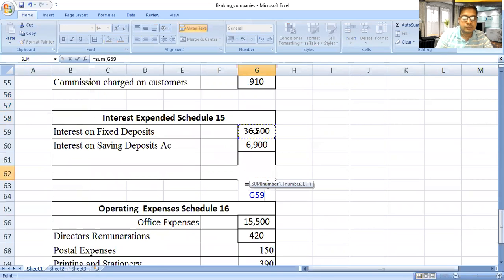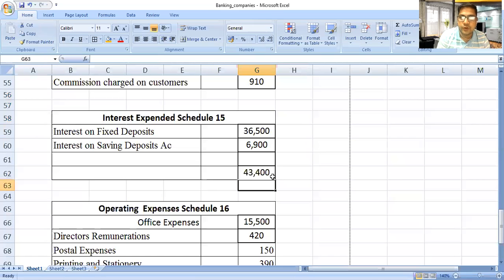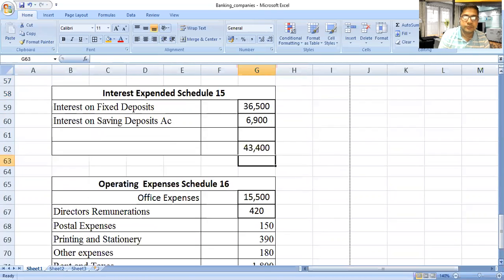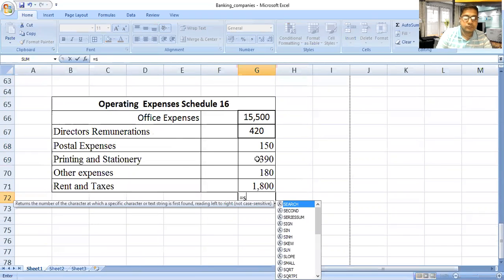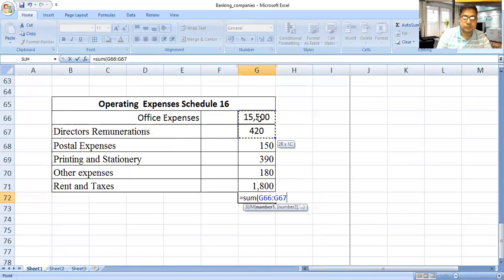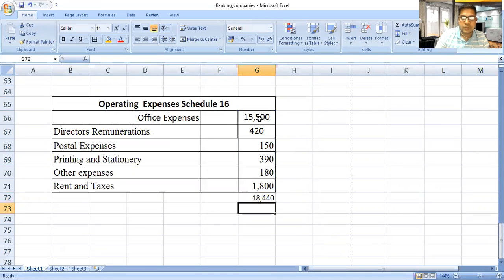Sum. This total is 43,400. It is very simple to calculate. Then the total of operating expenses, 18,440. See friends, how we will write and record it. It is very important from the exam point of view. You should know about the income, how we will record it properly.